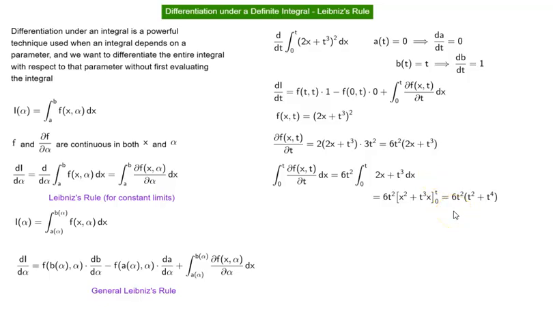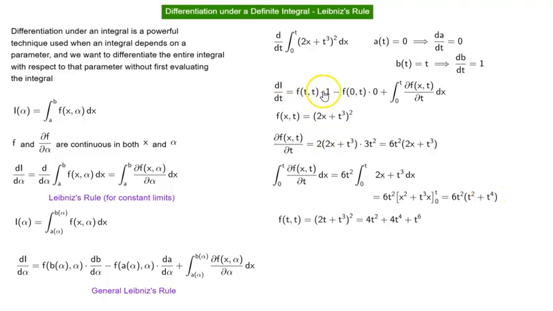If we substitute 0, the whole thing becomes 0. So we just have to take care of t. So substituting x for t, we get 6t square times t square plus t to the power of 4.